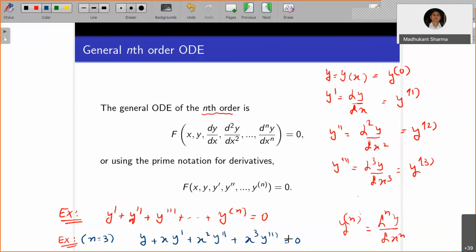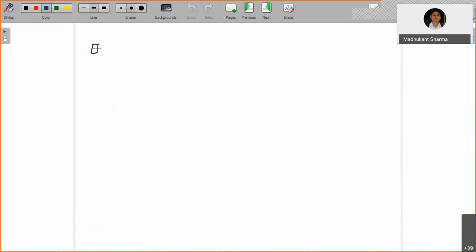I'm also mentioning that when you are talking about a general ODE, there is no restriction that the derivatives should not be multiplied. So here is another example, a third example, with n equals 2: y plus y into y dash plus x times the square of the second derivative equals to 0.